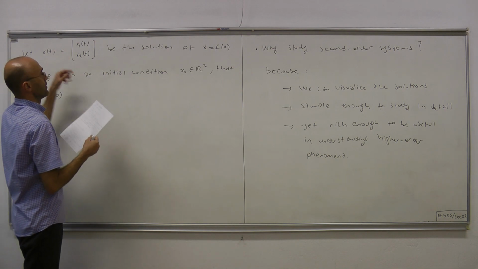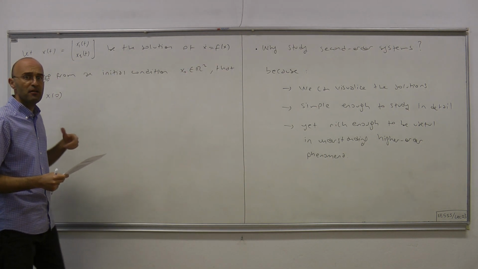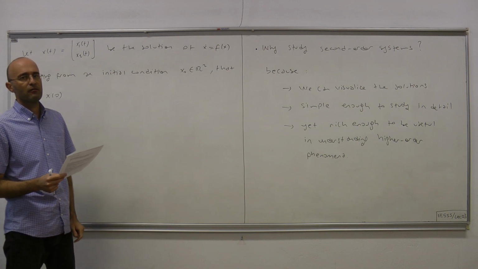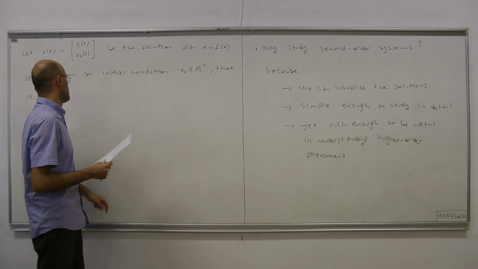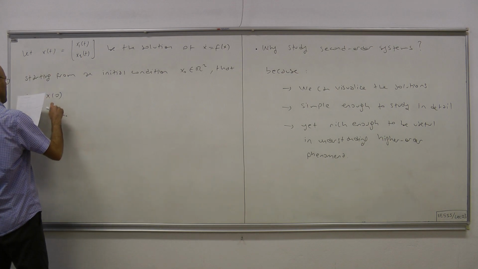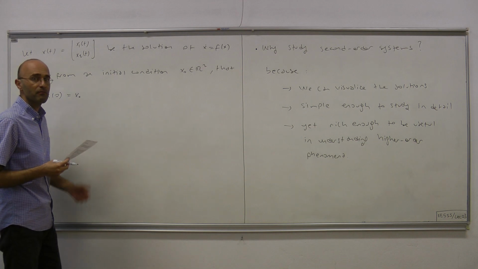Since the system's time invariant, we can take the initial time to be anything we want without loss of generality. Therefore, we will take the initial time to be 0 for notational convenience. x0, the value of x at t equals 0, is this x sub 0.